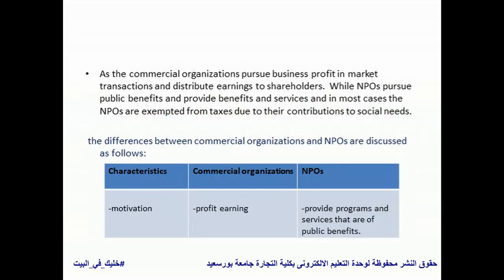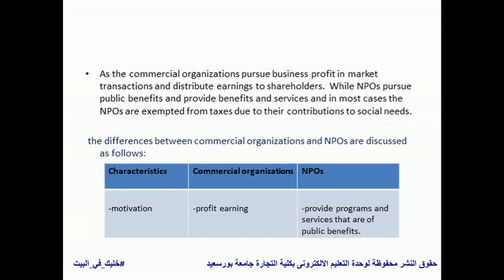As the commercial organizations pursue business profit in market transactions and distribute earnings to shareholders, the NPOs pursue public benefits and provide benefits and services. And in most cases, the NPOs are exempted from taxes due to their contributions to social needs.